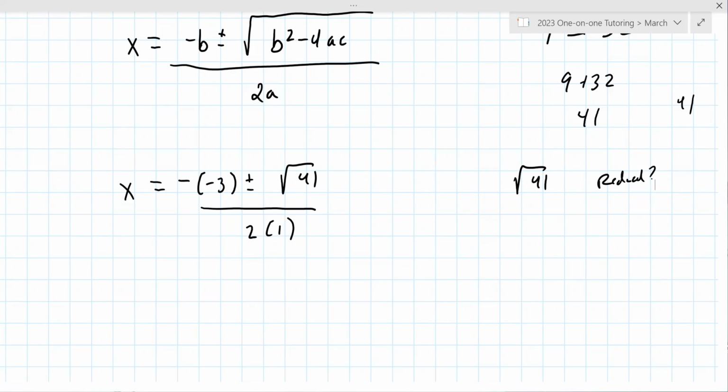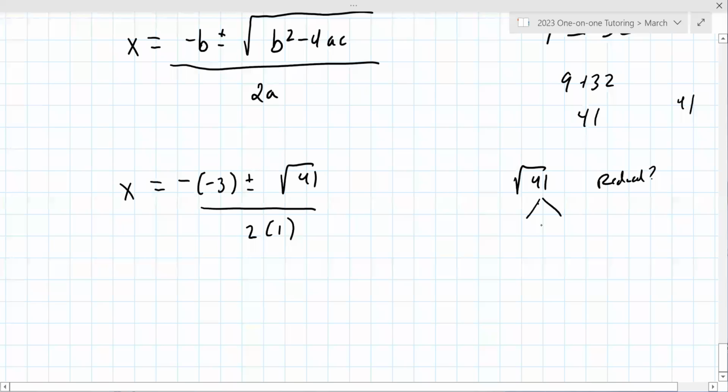Yeah, I think so. So what number goes into 41? That's the follow-up to that. Does 2 work? Nope. Does 3 work? Nope. Does 5 work? Nope. Does 7 work? Nope. And so we've gone past that. What number squared gets you to 41?